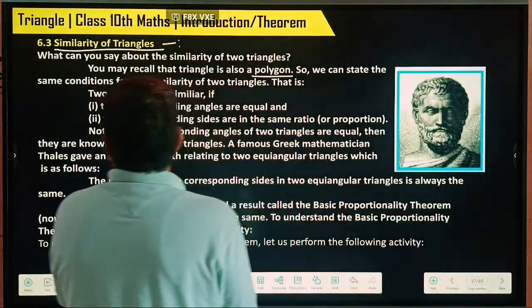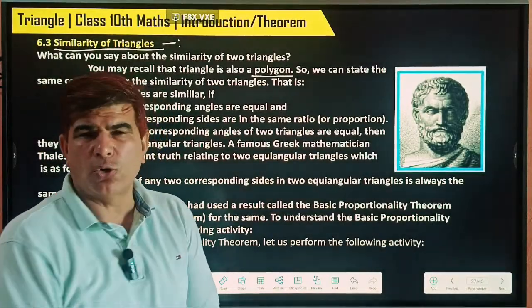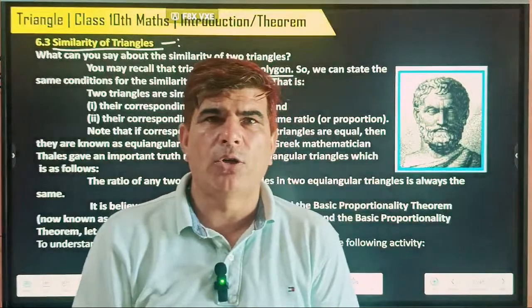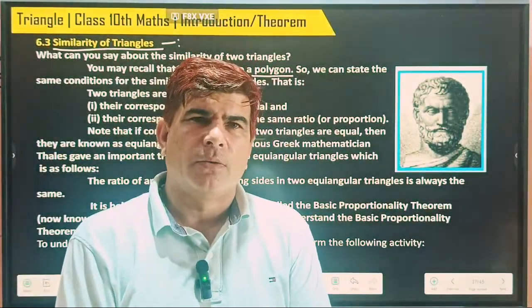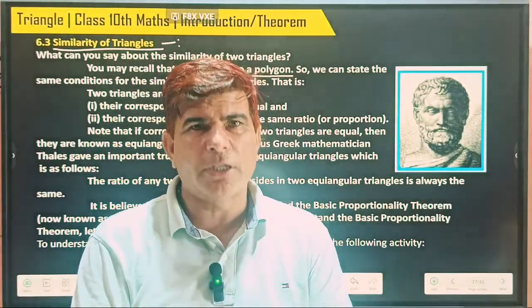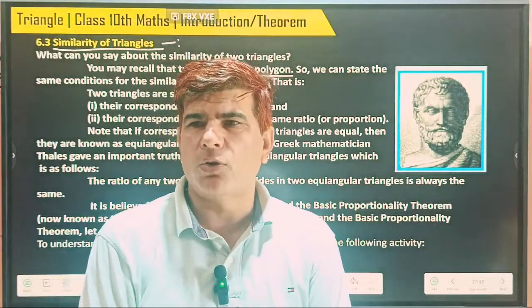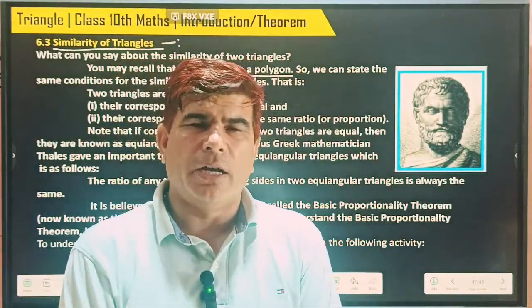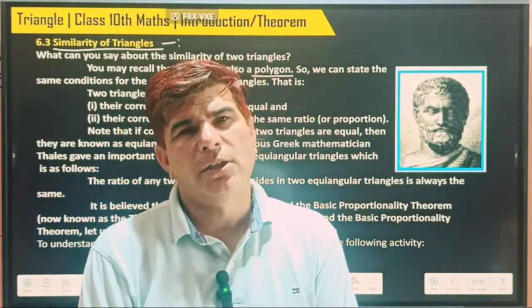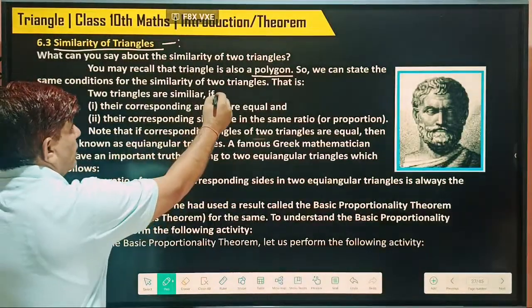So we can state the conditions for the similarity of two triangles, which I already told you. If you have two polygons, the similarity rule says first their shape must be the same, and then that corresponding angles are equal and corresponding sides are in the same ratio. Both conditions tell us two triangles are similar.